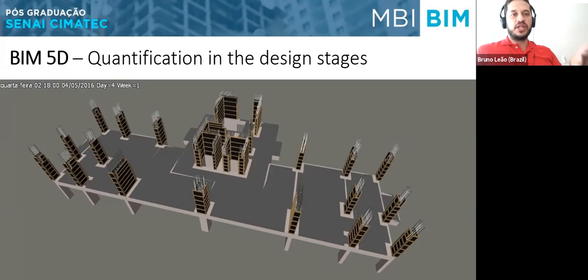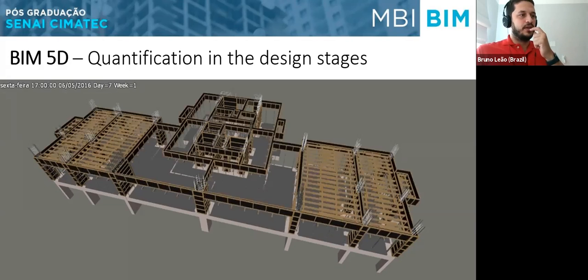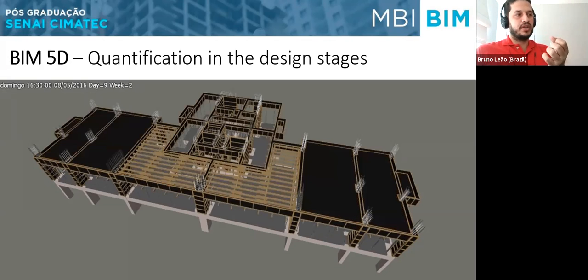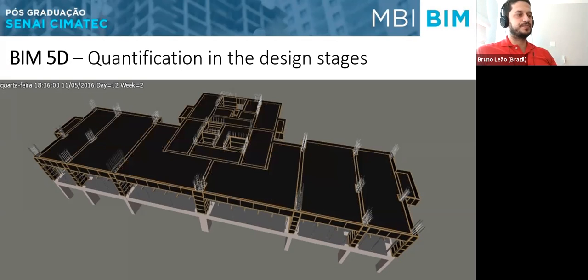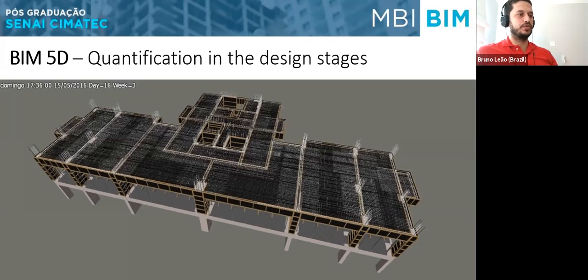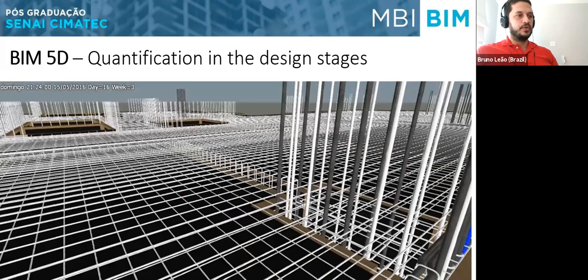Here, it was nice to develop all the information really. And even here, we couldn't model all the information. But we achieved a really nice level of development of the model. We modeled all the bars of the reinforcement, but the connections of the bars wouldn't be necessary to model.